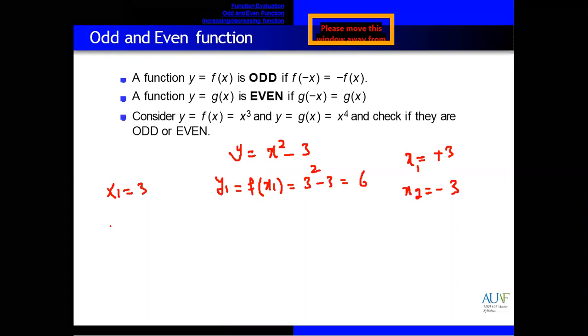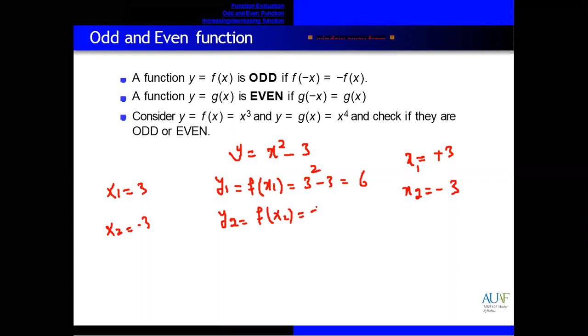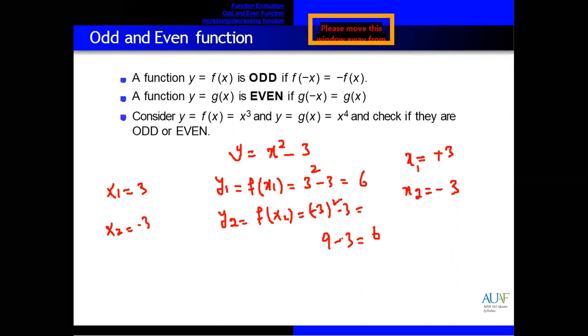When we give the second value, f of minus 3, so y2 is equal to f of x2, where x2 is equal to minus 3. So we have minus 3 whole square minus 3. Again, minus 3 whole square equal to 9, minus 3 equal to 6. You can see both values, the plus value and the minus value, give the same result.